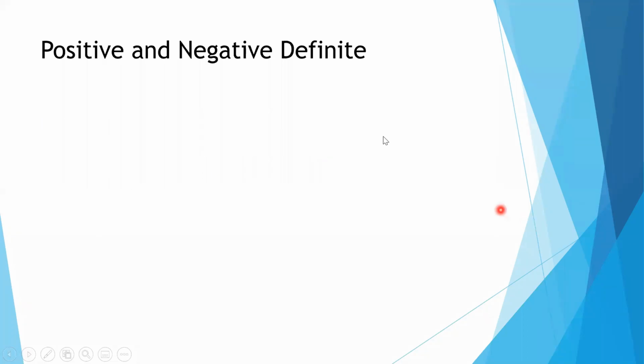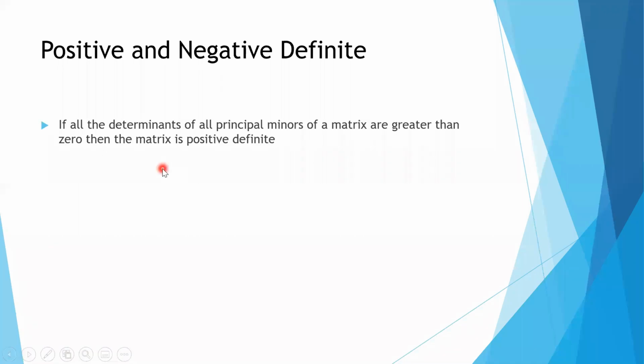So we have something called positive definite and negative definite. We want to see what is positive definite and negative definite. So now, if the determinants of all principal minor matrices are greater than 0, then the matrix is said to be positive definite. So for the minor matrices that we have, H1, H2 and H3, we find their determinants.